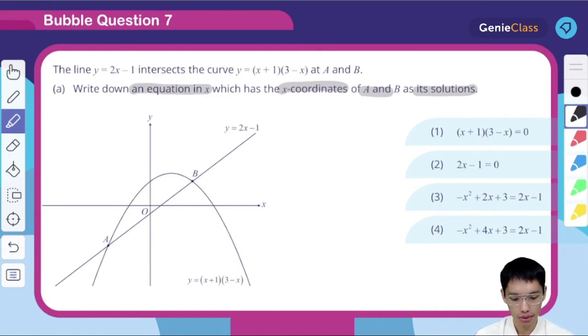Okay, very good. Take note, the line intersects the curve. So what is my equation? Looking at the response, very nice, very good. Keeping it up, you have the last 30 seconds.